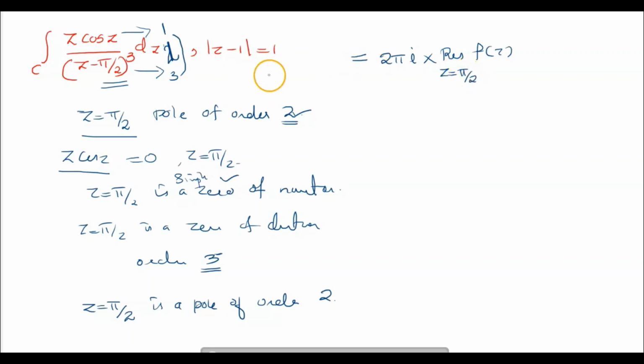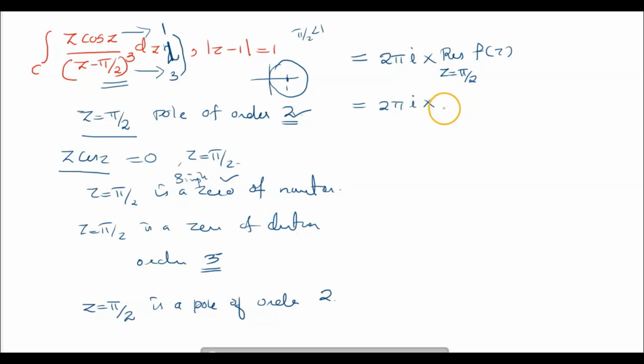Also the region is a circle centered at 1 with radius 1. Pi by 2 is less than 1 away, so it is inside the circle. Therefore, inside singularity z equal to pi by 2, we need the residue at z equal to pi by 2 of f(z).